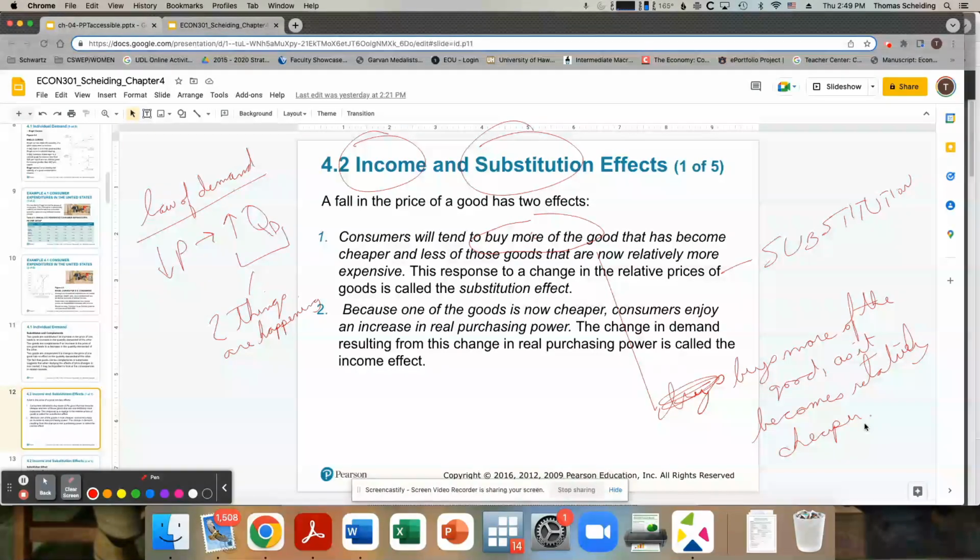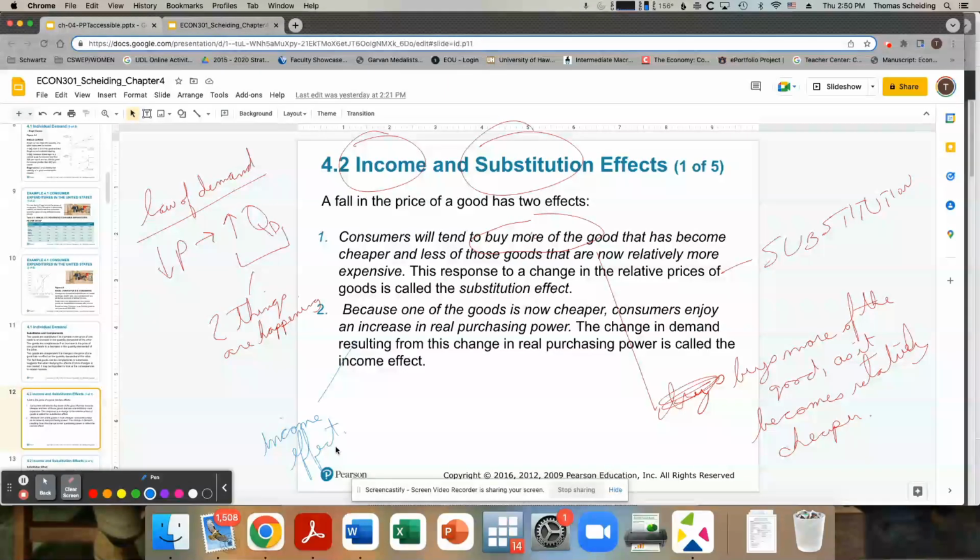The second effect, which is listed right here, is my income effect. Now here, it doesn't always work in the same direction because it matters whether the good is a normal good or an inferior good. For normal goods, most goods, if the good falls in price, then you feel richer.